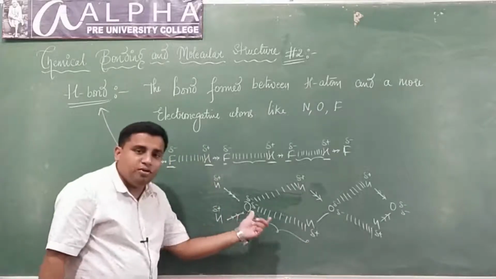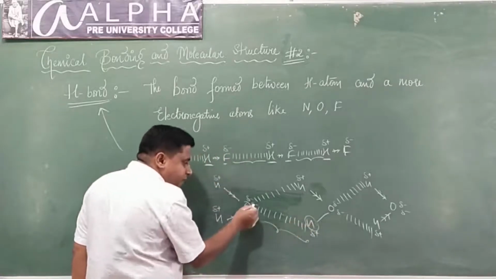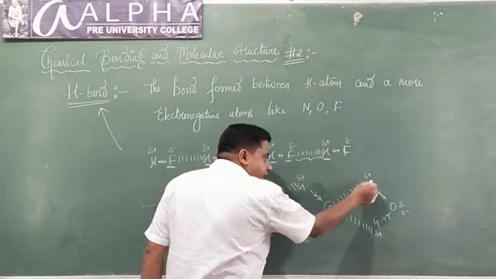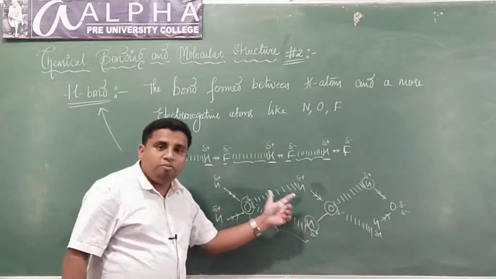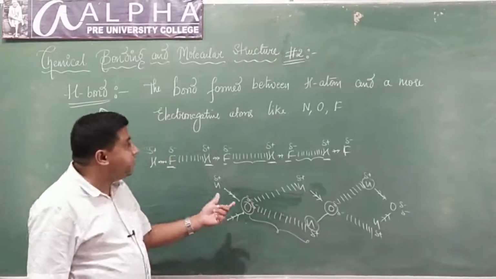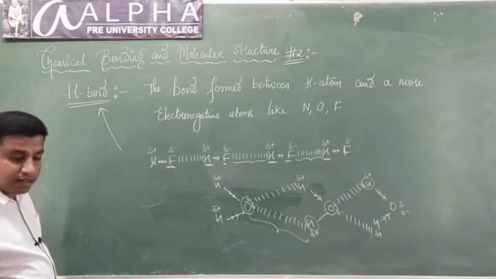A bond is formed between what and what? A bond is formed between hydrogen atom and a highly electronegative atom. So this bond formed between hydrogen atom and a highly electronegative atom is called what? Hydrogen bond. Okay, clear?